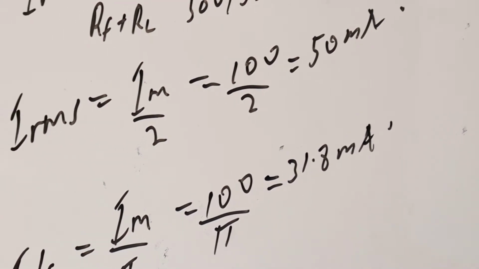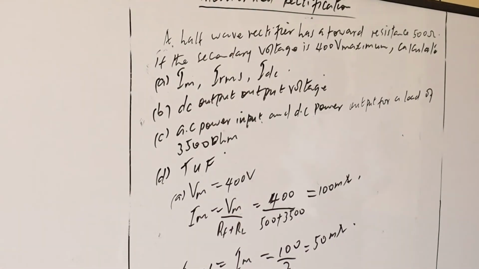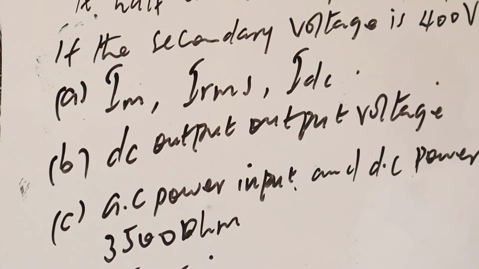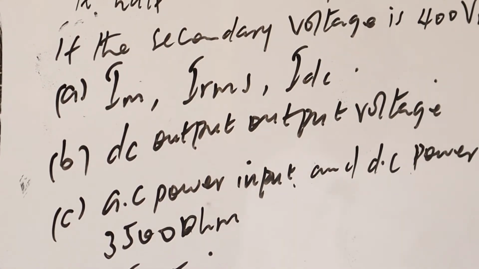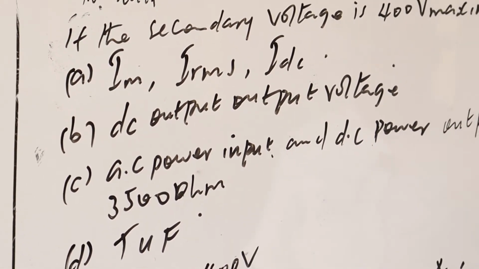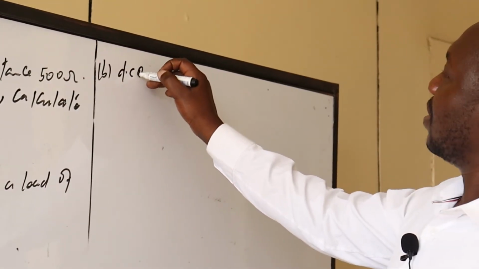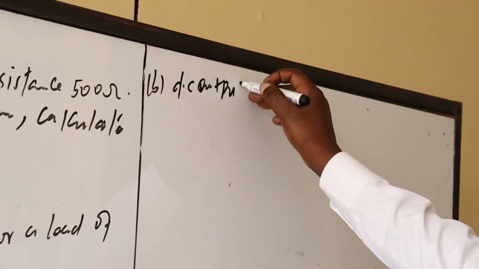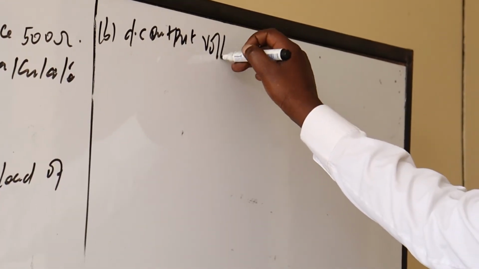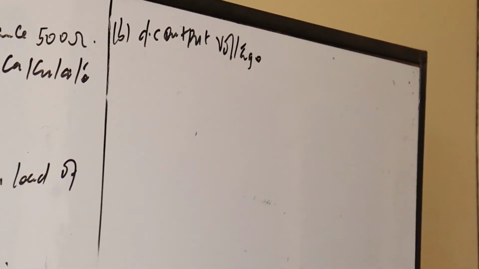Now part B, we have to get the DC output voltage, that is the VDC.